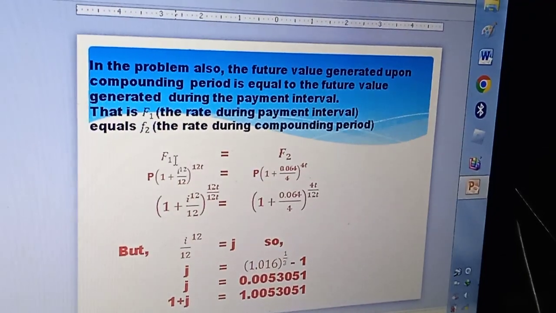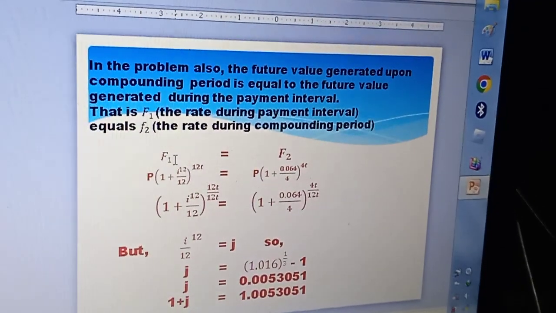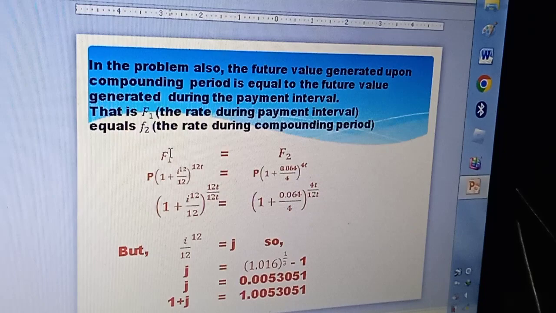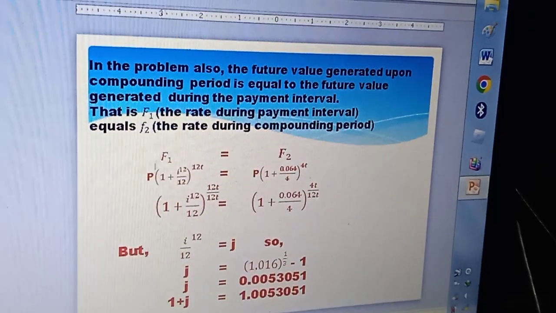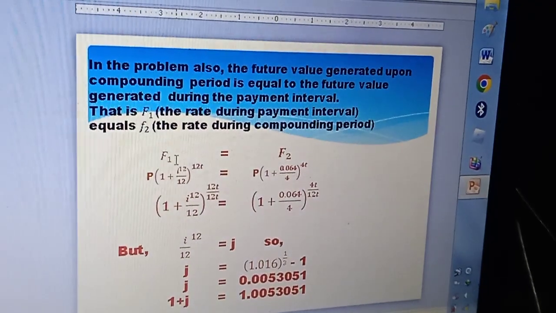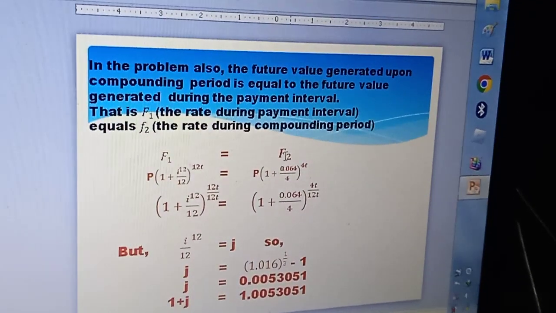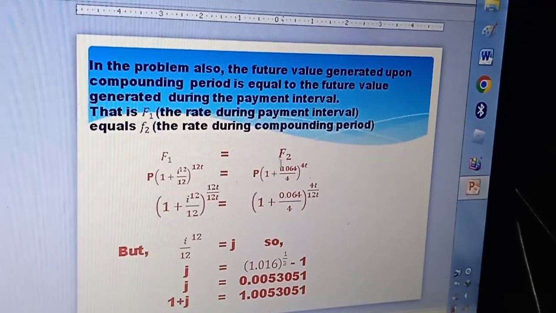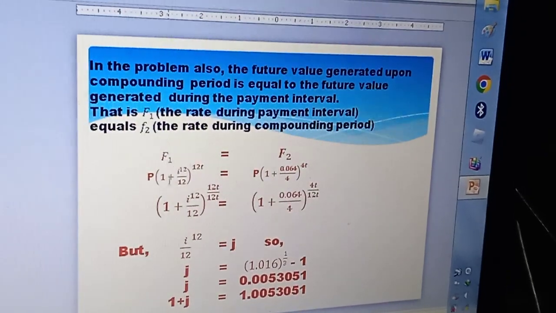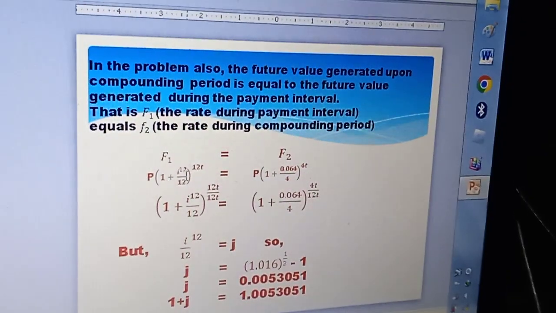In this case, we can have F sub 1 equals F sub 2, meaning future value 1 and future value 2. This future value 1 is the future value that happens during the payment period, and this F2 is the future value during the compounding period.